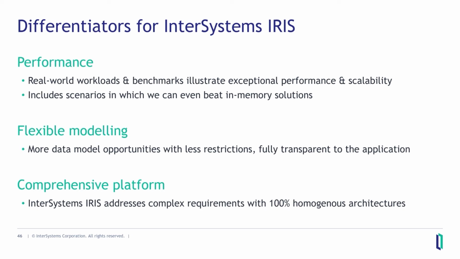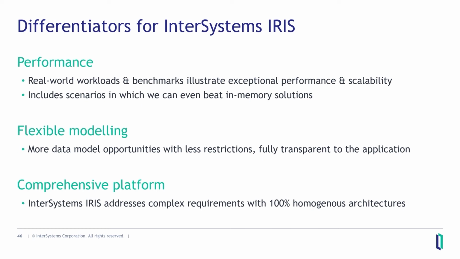Second, flexibility of modeling. We're very well aware that the 18.1 and 18.2 releases only support SQL, but we are in the process of, and getting close to, supporting other data models as well. And the schema flexibility that you have with InterSystems IRIS is also something that's pretty powerful. And of course, it's only one part of the platform.